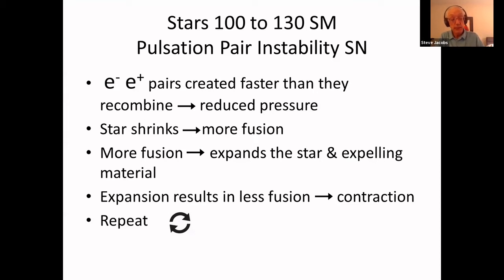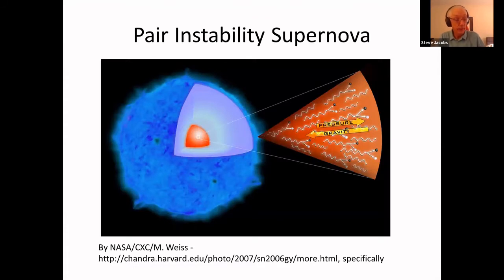This pulsation can continue until the mass is too small to continue, less than 100 solar masses. Here we have a diagram of what they think is happening in these large stars. You have pressure, you have gravity, you have the pairs being created, and the pressure is less than the gravity, causing the collapse.